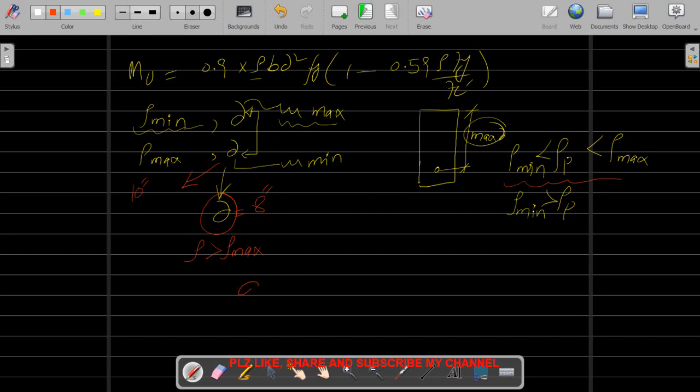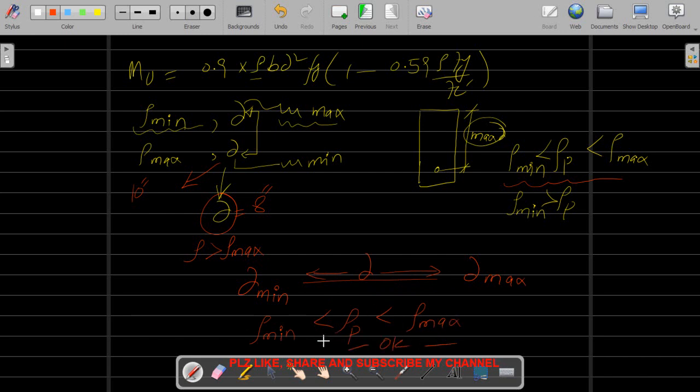We have to choose, this is my D minimum and D max. We have to choose our required depth in between these two values. If we choose the depth in between these two values, our ductility check, that rho provided must be greater than rho minimum and must be less than rho max, will be okay.